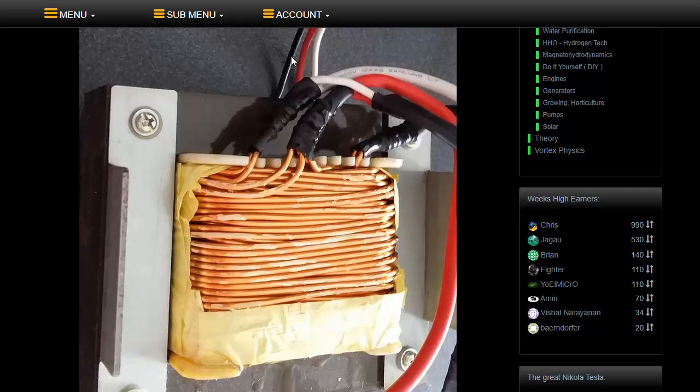That means we've got 400 ampere turns on the primary coil. Now, let's say we had 4 turns on the secondary coil, then we'd have 400 amperes. Sorry, 100 amperes. 4 times 100 is 400.